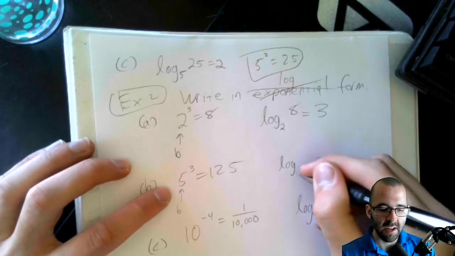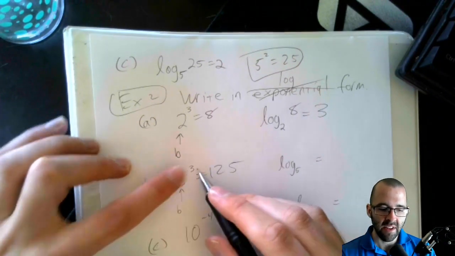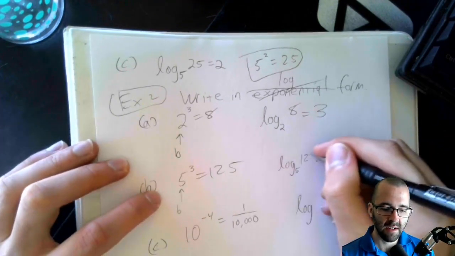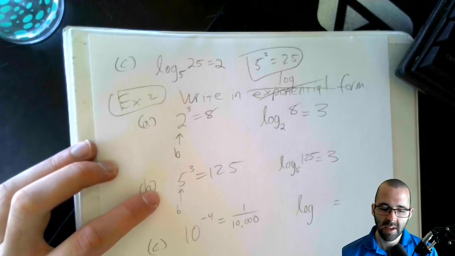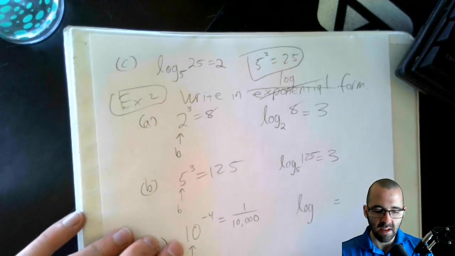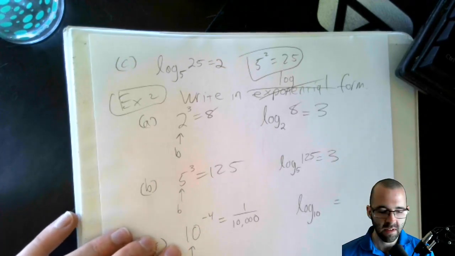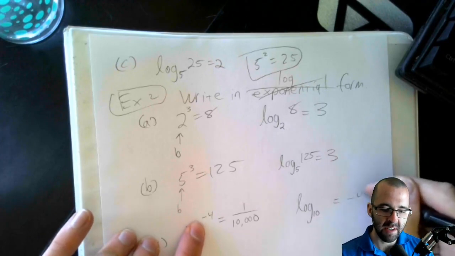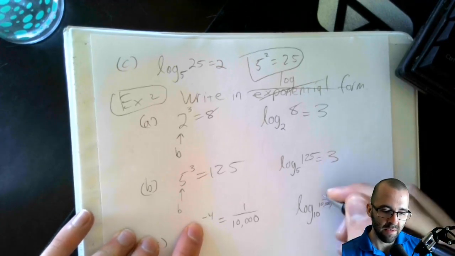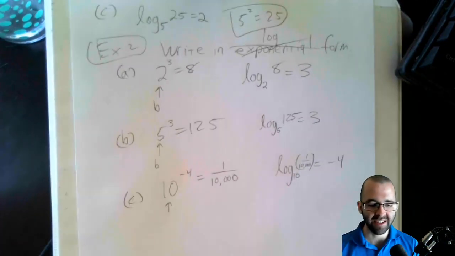It's 5. So we know it's going to be log base 5. And then the exponent is the right-hand side, and the right-hand side is the inside. Okay? The base of the exponential is 10, so that's going to be the base of our logarithm. And the exponent is the answer. I kind of wrote it small, but that's the idea for these.